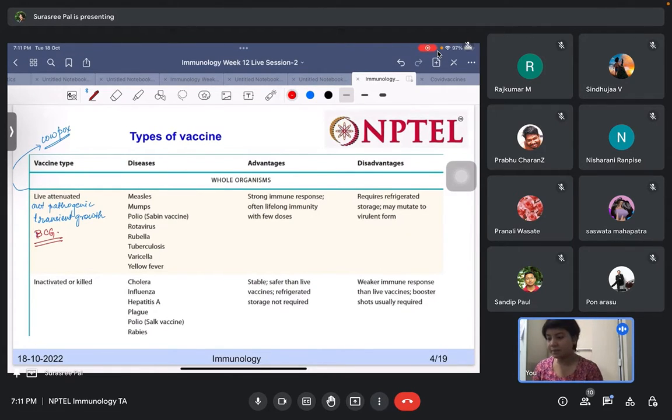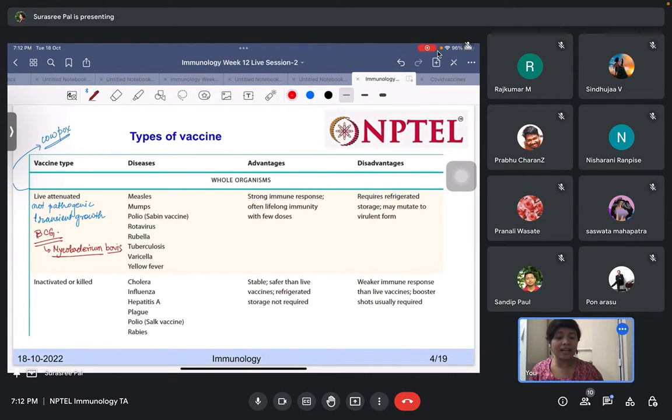BCG is what? BCG is Bacillus Calmette-Guerin. This is a vaccine which is against Mycobacterium bovis. So an attenuated strain of Mycobacterium bovis was developed by growing this particular pathogen in increasing concentrations of bile.